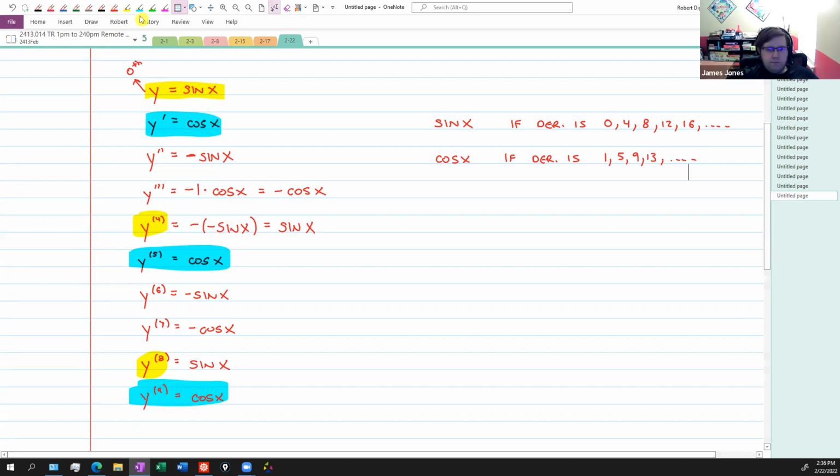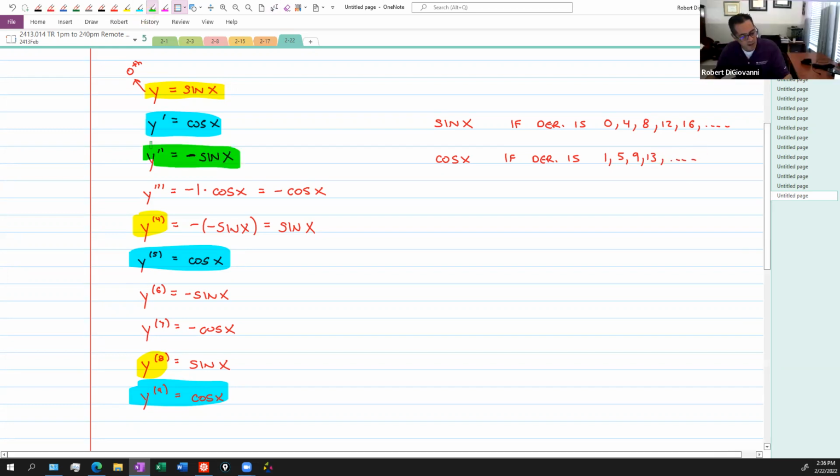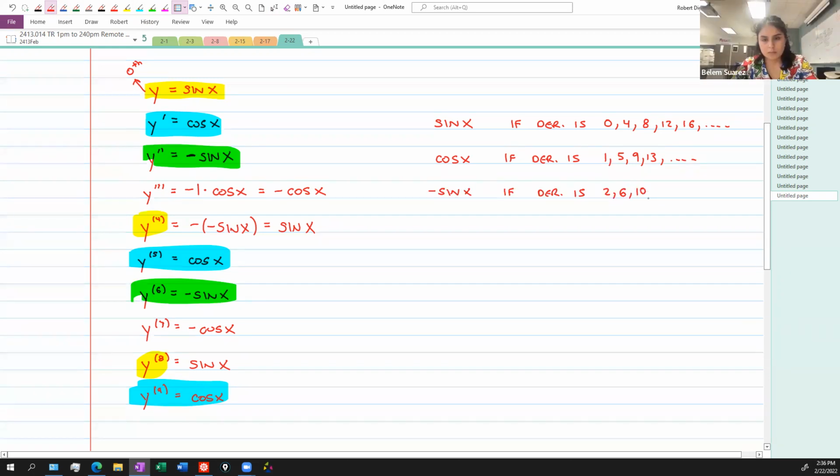Okay, and then what's the next thing that happens? Negative sine. So we get negative sine of x if the derivative we're taking is the second derivative or the sixth derivative. What would be the next one? 10th, right? And those are going up by 4, right? 14.